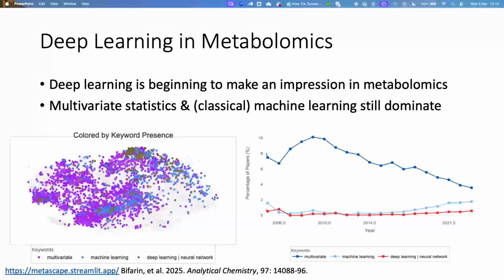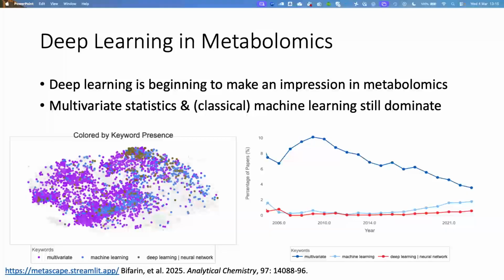And you can see that actually it's a rather small number of publications applying deep learning in the metabolomics area. If you look over time, this is multivariate statistics as a percentage of total papers with metabolomics as a keyword, gradually going down over the last 10, 15 years, whereas machine learning and deep learning are just beginning to improve there. And I think we'll see things going up a lot.